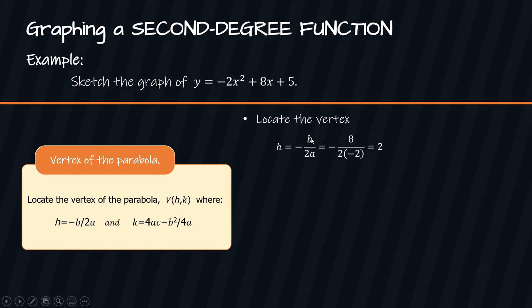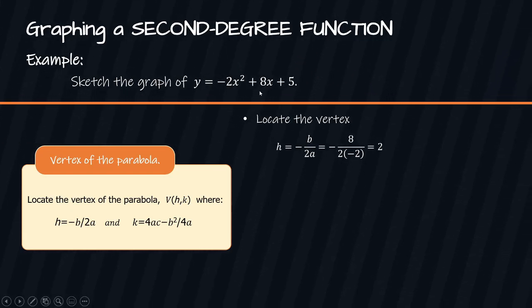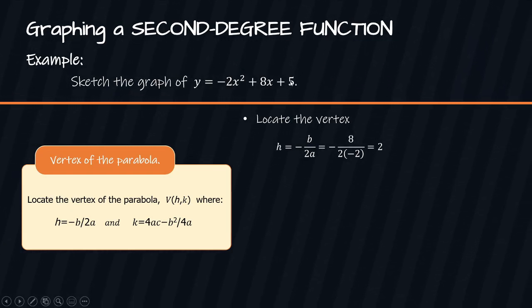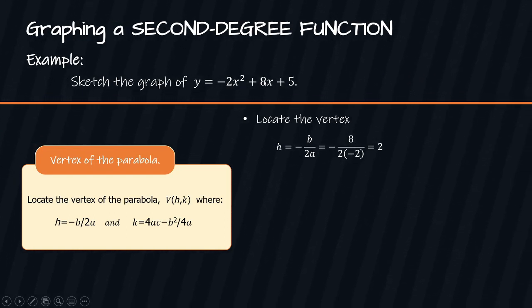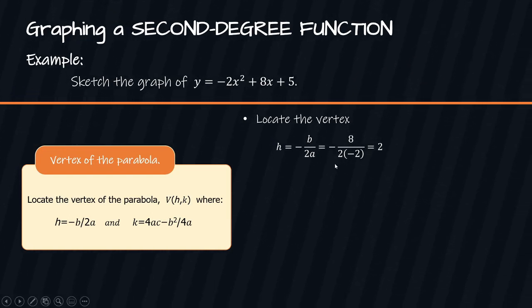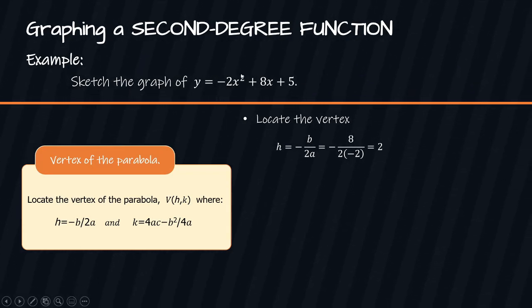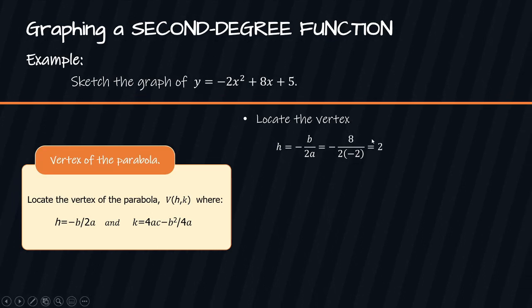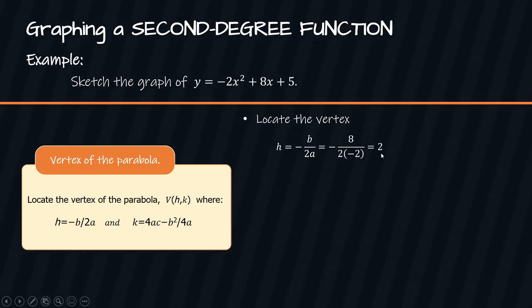For the constants, your a is negative 2, your b is 8, and this is your c, which is 5. So negative b is negative 8, over 2 times a, which is negative 2. Simplifying, we get h equals 2.